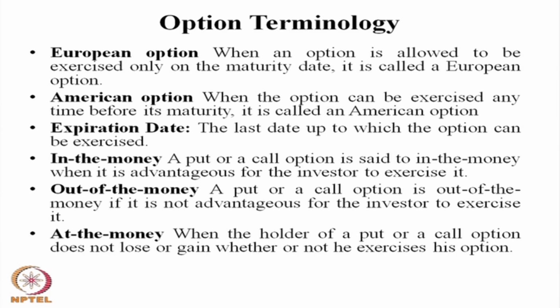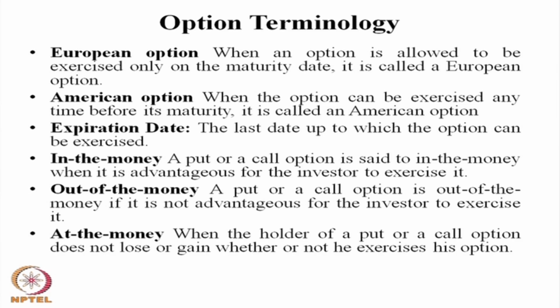There is another terminology: in the money, out of the money or at the money. There are three concepts in options that decide the position of the option, about the profit available to the options buyer or options seller. A put or call option is said to be in the money when it is advantageous for the investor to exercise it.